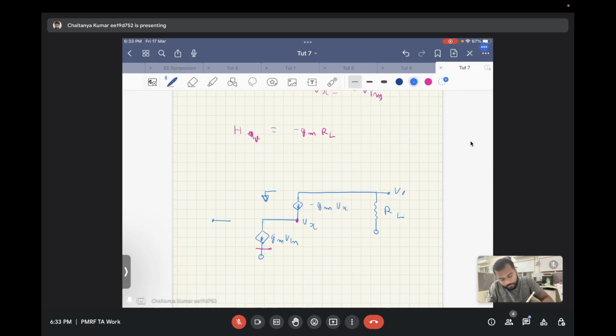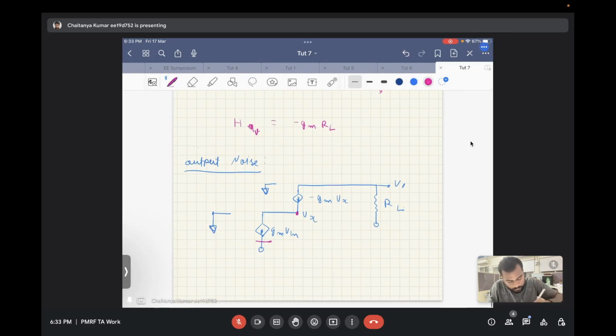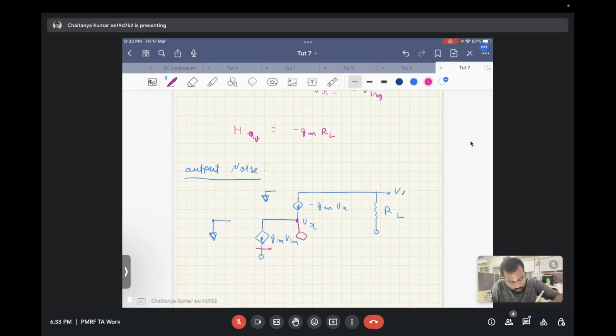So first of all, we will find the output noise. This is 4 kT eta times Gm.